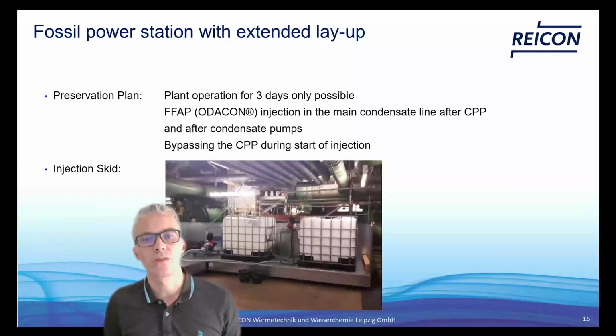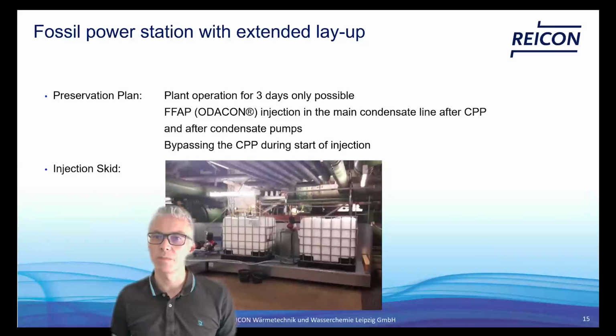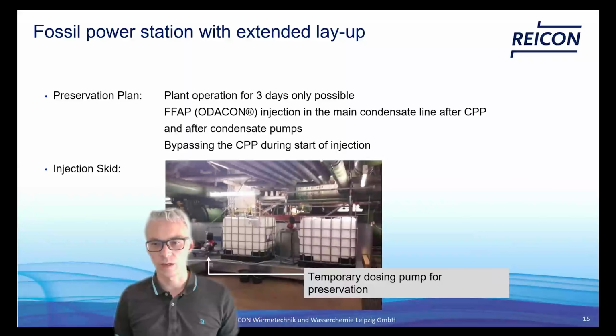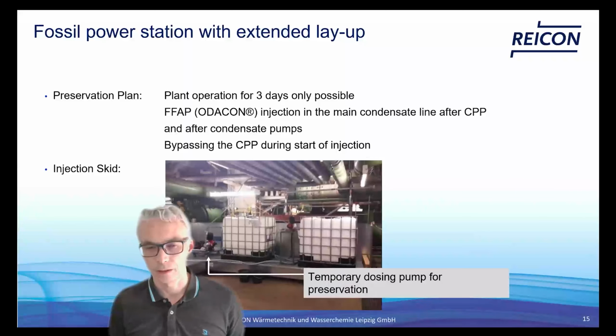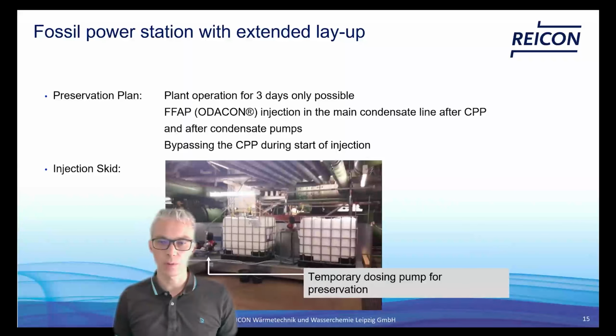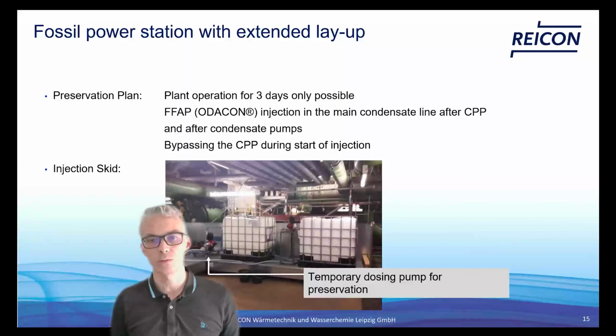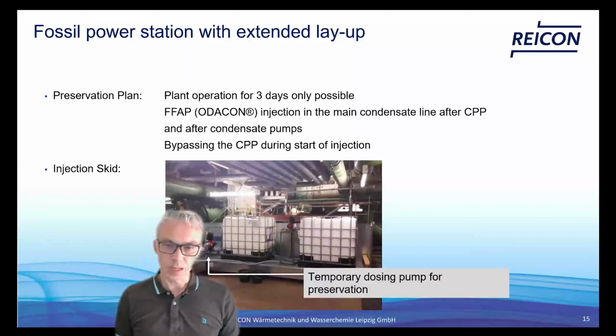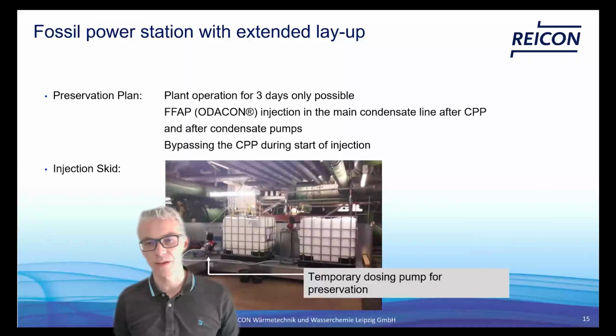So we injected our product ODACON in the main condensate lines after the condensate polishing plant and also after the condensate pumps, which required high pressure dosing pumps. So you can see here, this is the pump for the preservation, as we need to inject a lot of product. And then they decided to do a represervation during their operational cycle.